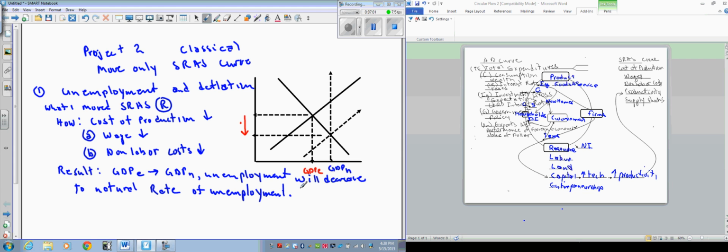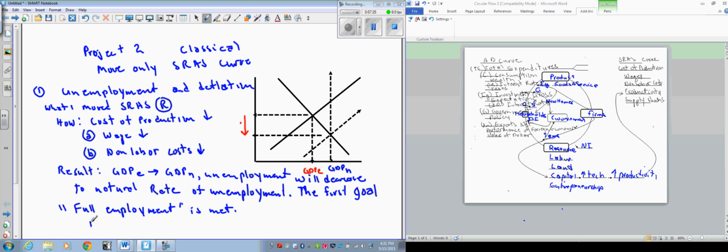And then you can say the first goal, full employment, is met.